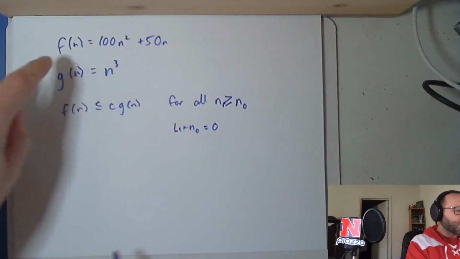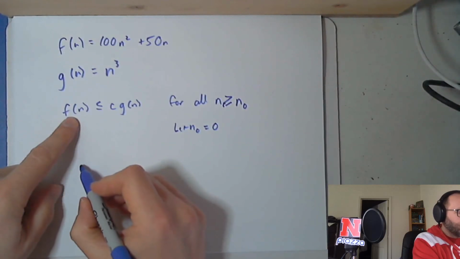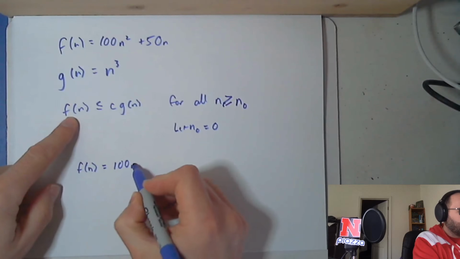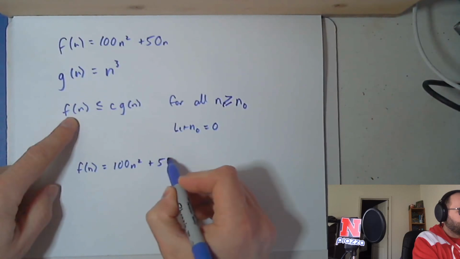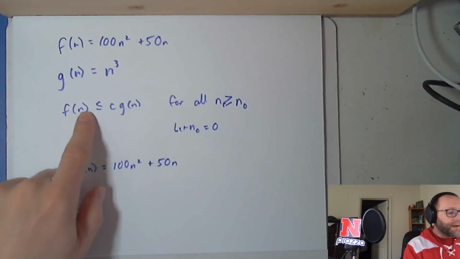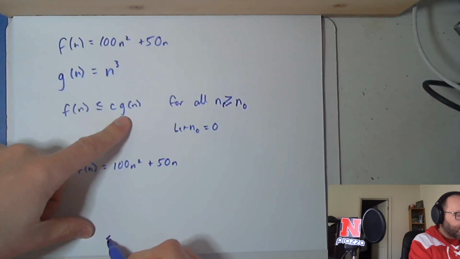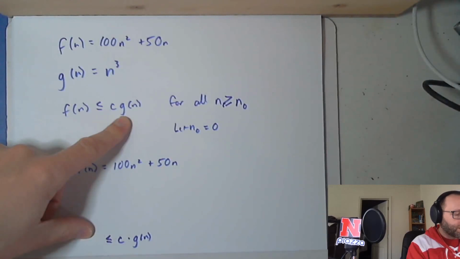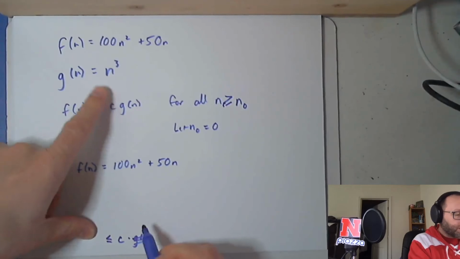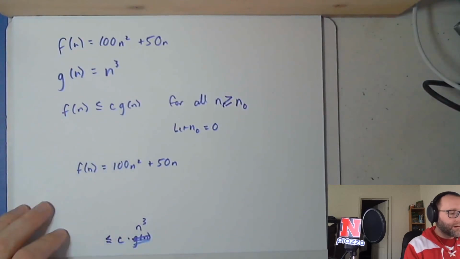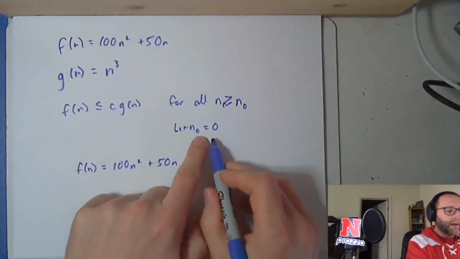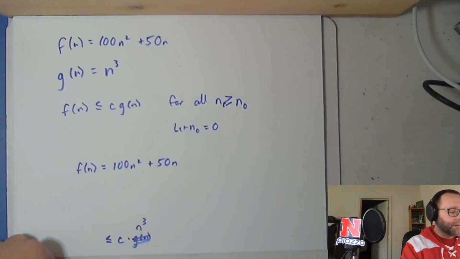So I'm going to start out with the left-hand side here. Write down f of n, which is equal to 100 n squared plus 50n. I eventually want to make it look like something less than or equal to c times g of n. Well, what does g of n look like? Oh, there it is, n cubed. I want to establish that this thing is less than this thing for all n greater than or equal to n not.